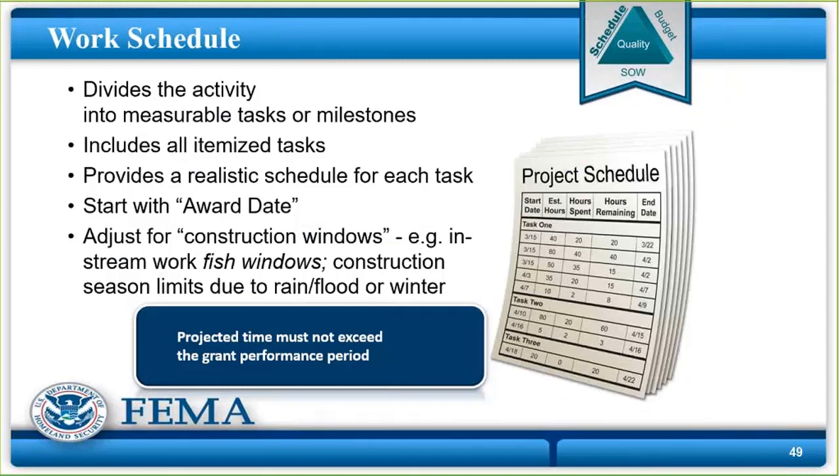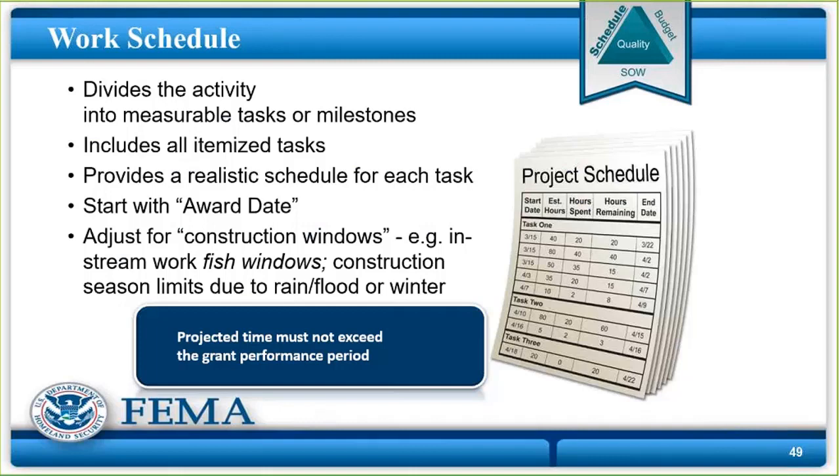So, the work schedule we've talked about. I wanted to mention, we talked about flood. We don't allow, for example, elevation projects or demolition or acquisition projects to occur during the flood season as determined by the local floodplain manager.